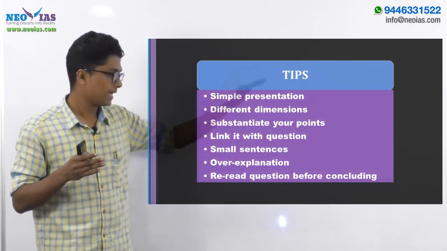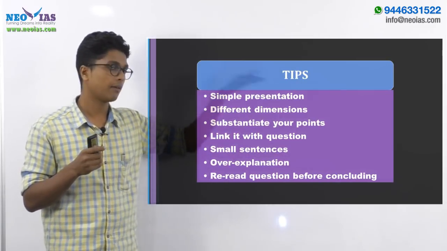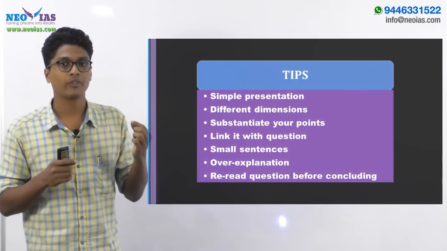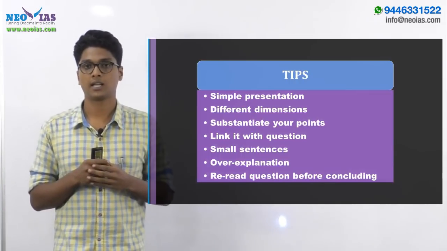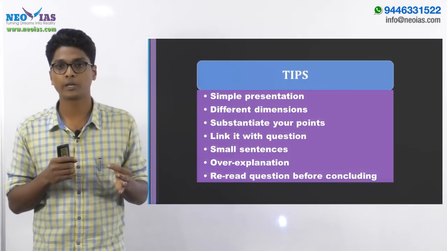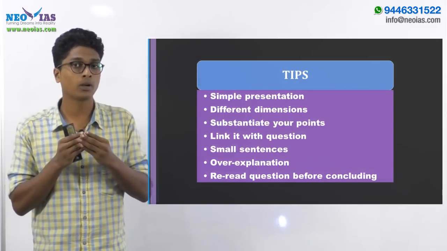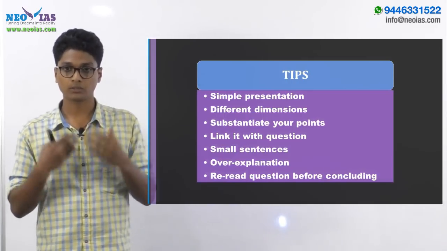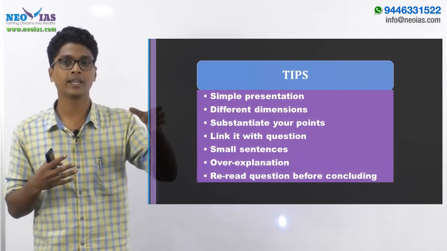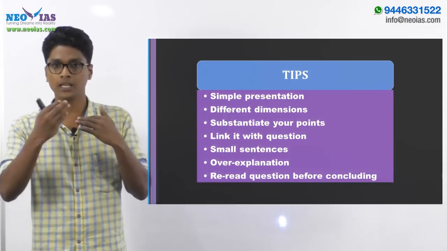Another major thing is linking whatever you are writing with the question. Another example to demonstrate it: suppose you are writing the challenges associated with monsoon prediction. One major challenge is that it is dependent on various factors, and as of now our knowledge of how these factors influence the monsoon is very limited.